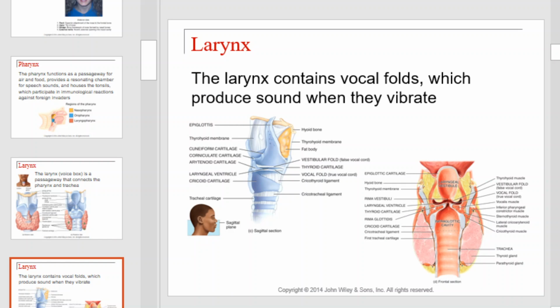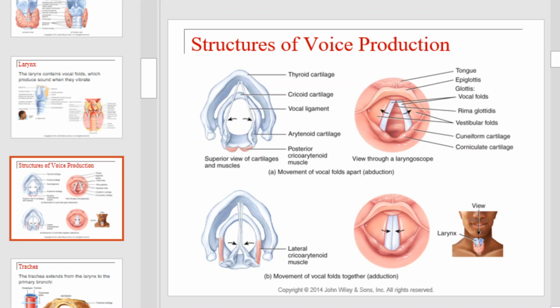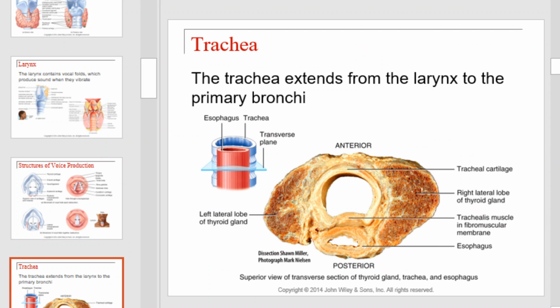The larynx also contains your vocal cords, which produce sounds that your mouth, lips, and tongue form into the spoken word. This is a depiction of your vocal cords. Next is the trachea. The trachea extends from the larynx to the primary bronchi.